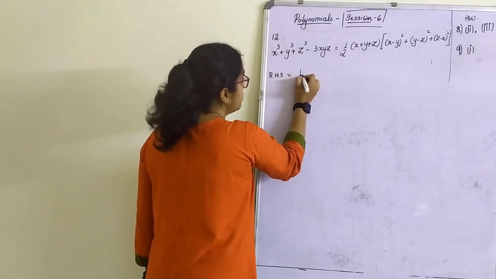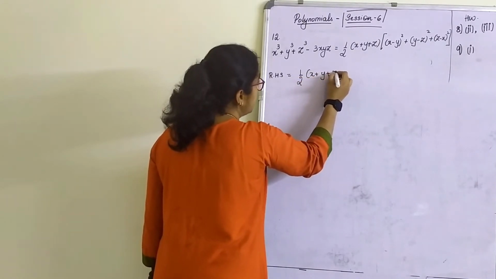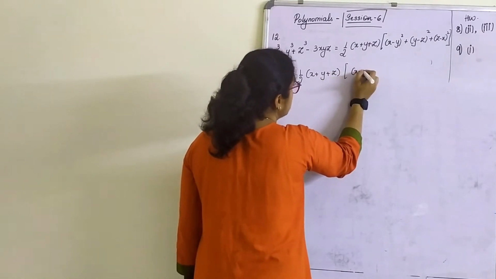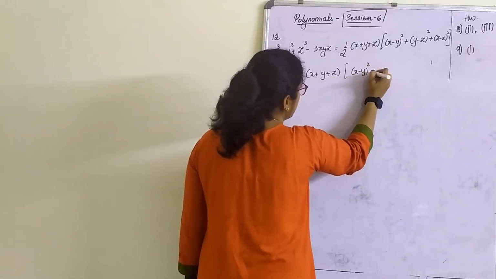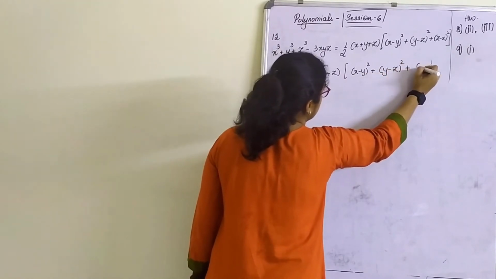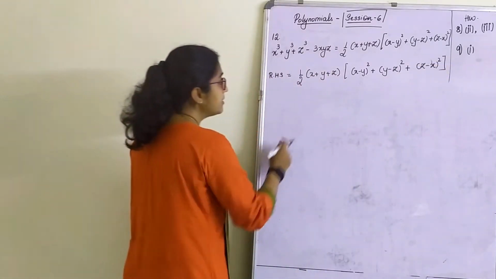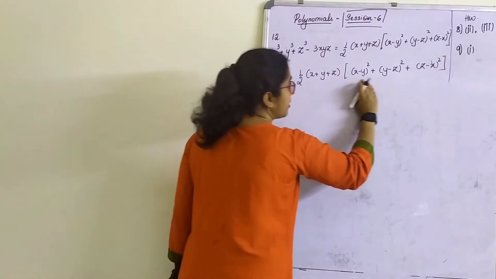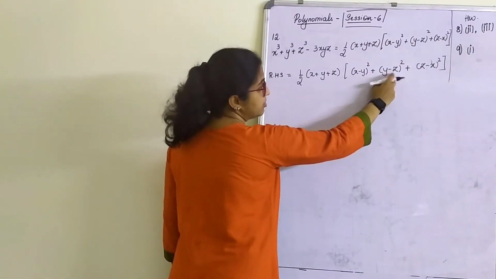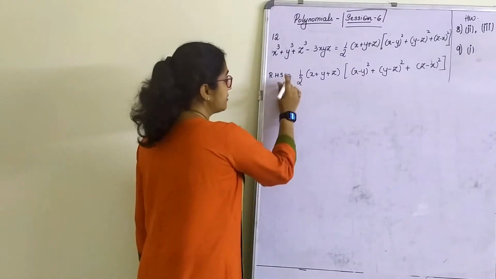RHS is equal to half of x plus y plus z of x minus y whole square plus y minus z whole square plus z minus x whole square. Right? Keep this as it is. Look at this. It is of the form a minus b whole square, a minus b whole square, a minus b whole square. Let us simplify that.